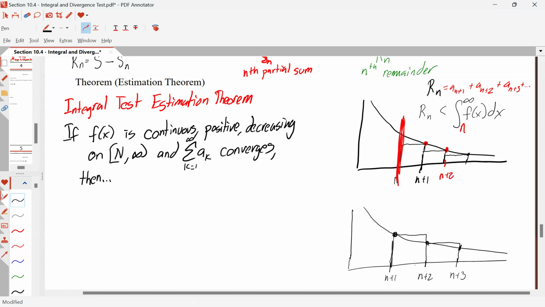And these are the areas a sub n plus 1, a sub n plus 2, and so on, a sub n plus 3. Now our boxes are above this curve. So this is bigger than our curve. But now, since we're still looking at the area under the curve, still going to infinity, but the area we're looking at starts at n plus 1.